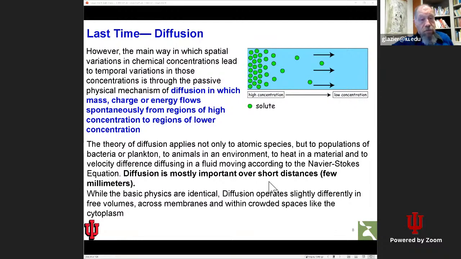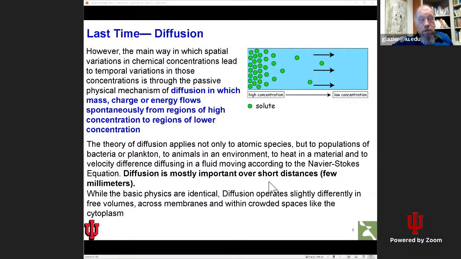Diffusion is a very effective means of getting chemicals or heat or charge or electrical field or force over short lengths: a few cell diameters, microns, millimeters. It's not an effective way to get molecules or anything else over long distances.